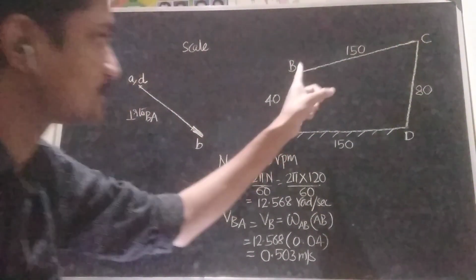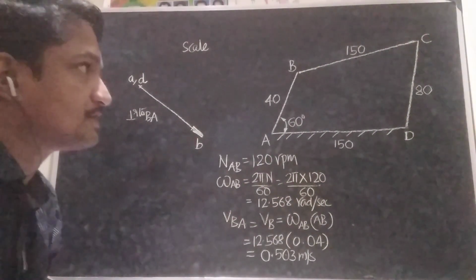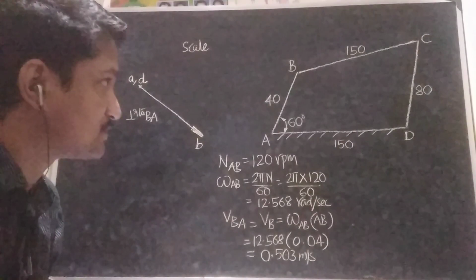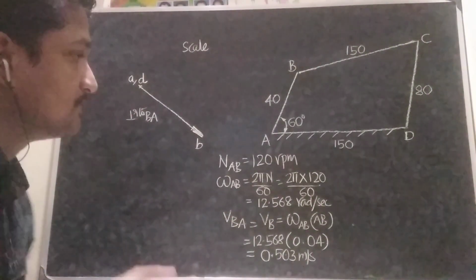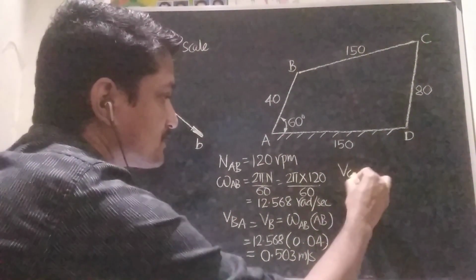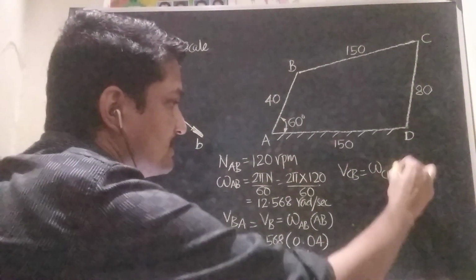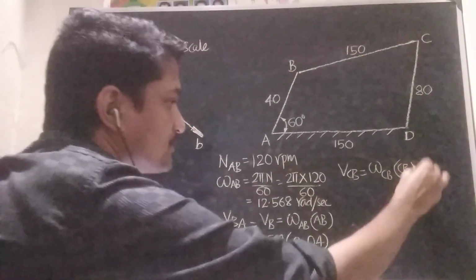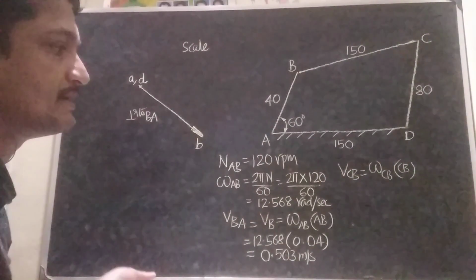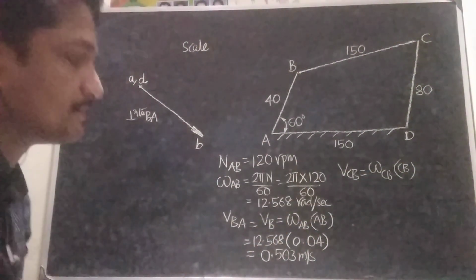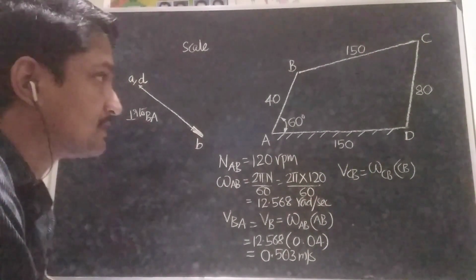Relative velocity of C with respect to B. We don't know the magnitude of velocity of C with respect to B, but we know that it is equal to omega CB into CB, the angular velocity of that link into CB, but we don't know the angular velocity of that connecting rod.